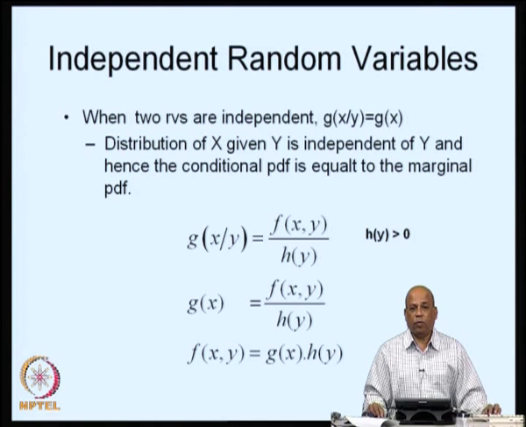So, we state more formally that the two random variables x and y are stochastically independent if and only if the joint density f of x comma y is given by the product of the marginal densities g of x and h of y.